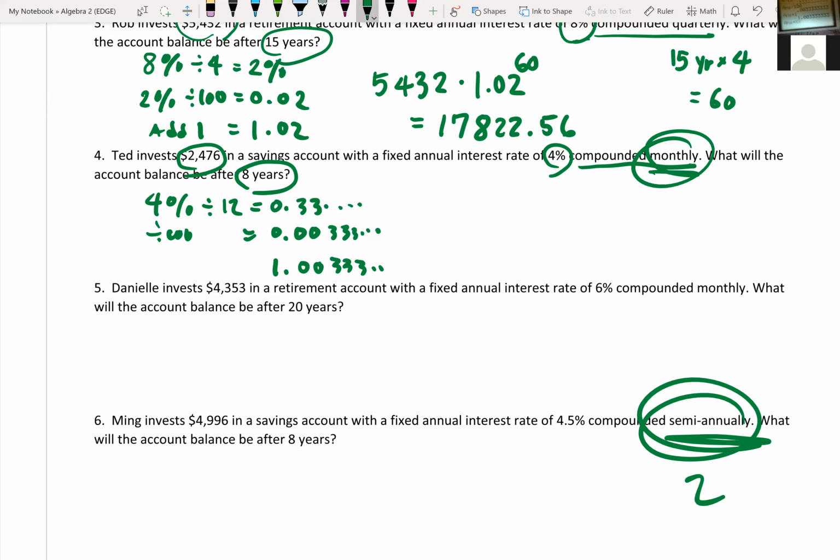So you go answer saves to X, and then you press enter. Then every time you use this X button, the X represents that 1.00333. So you could save that, right?